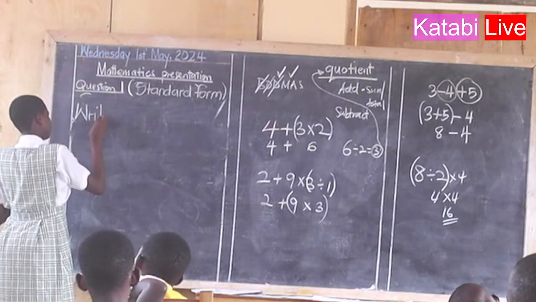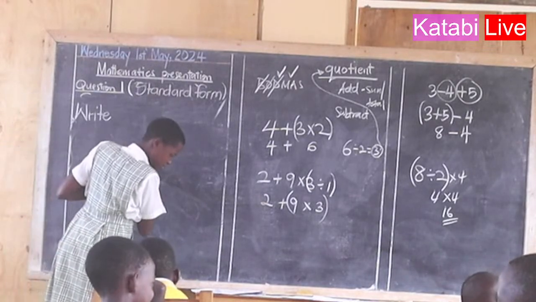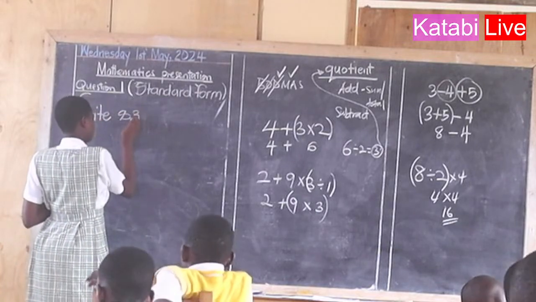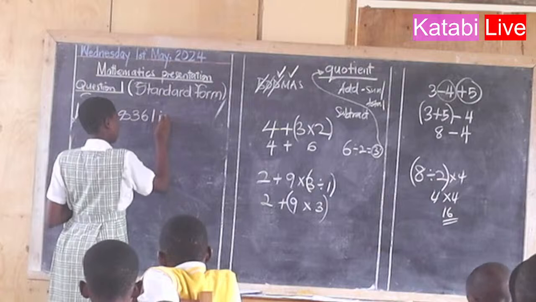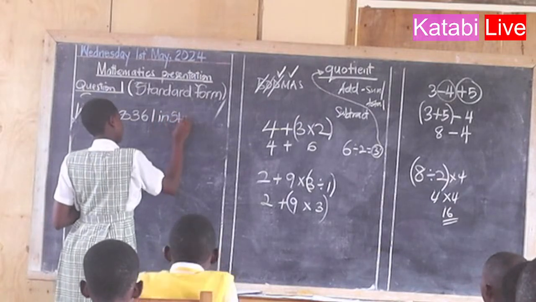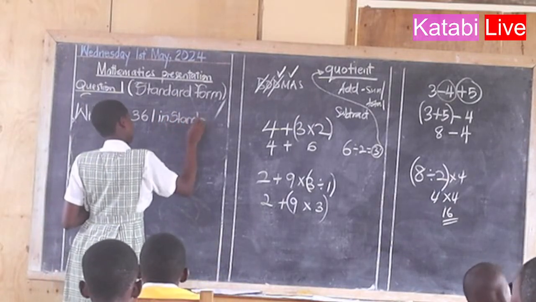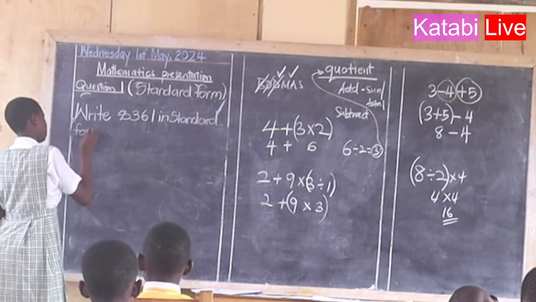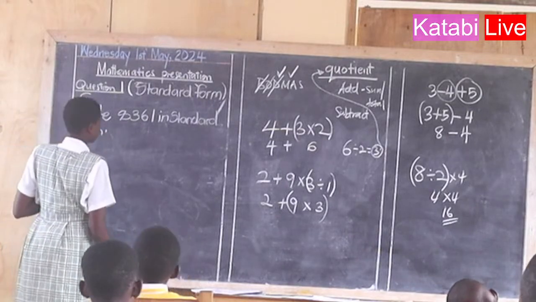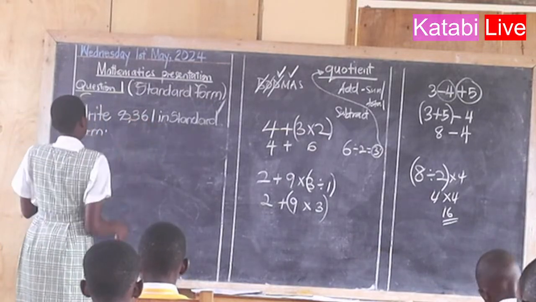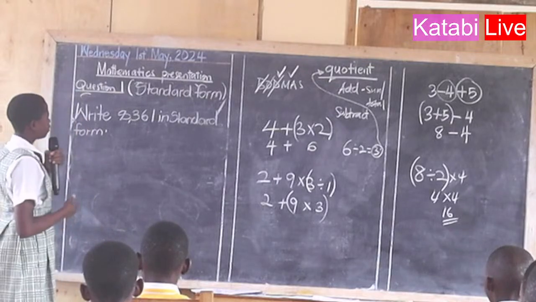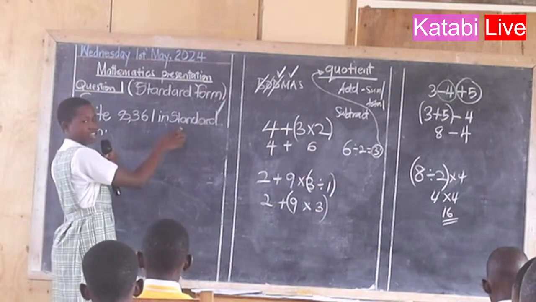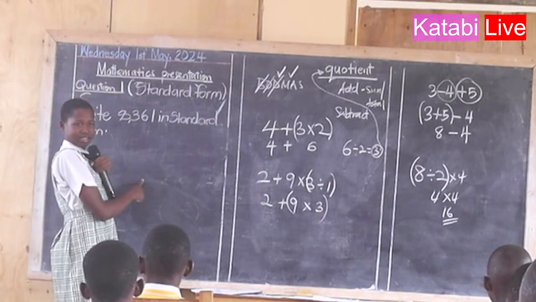Write 8,361 in standard form. Eric has already told us that standard form simply means base what?